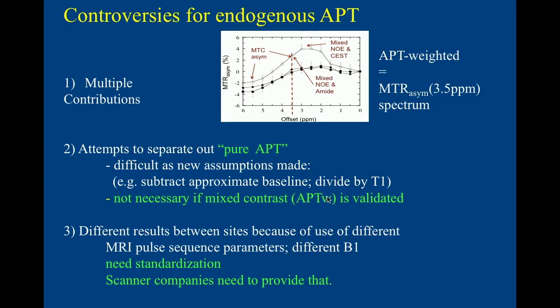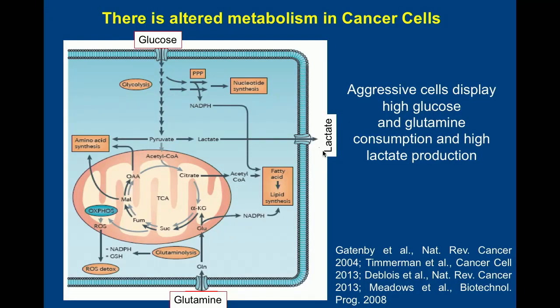And also, separately, other sites will use different B1 powers, and so there can be slight differences in the amount of this enhancement and whether it's the amount of the amide proton contribution compared to the NOE contributions. And so there's some need for scanner companies to come in and help standardize this. So that's for just looking at brain tumors with amide proton.